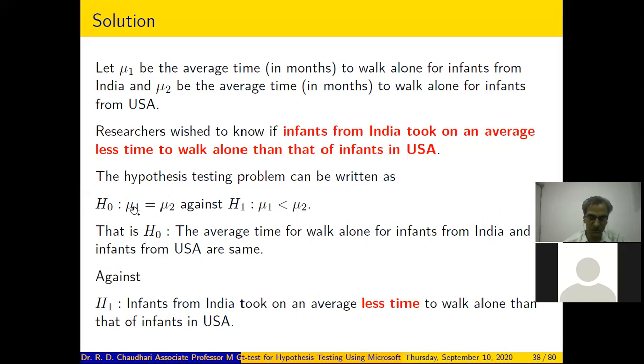As I told you, the null hypothesis is always about equality. So H naught: mu1 equal to mu2, against H1: mu1 less than mu2. In other words, the null hypothesis H naught is that the average time to walk alone for infants from India and infants from USA are the same.